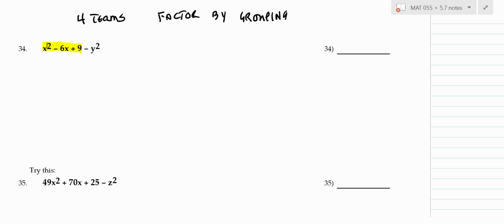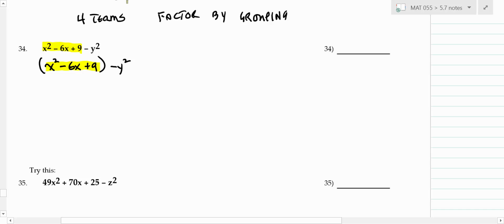So actually what we're going to do is we're going to put together the first 3 like this. Then we're just going to bring down the y squared. Okay, so we're going to factor that. See, this is a trinomial, so we're going to focus on factoring that trinomial. And that's just like the problems we just got through doing. So I'm going to draw 2 parentheses, again, just bringing the y squared down.